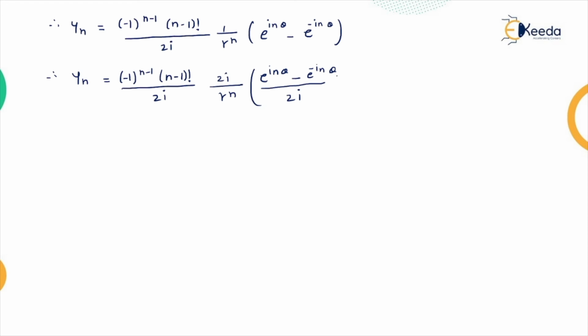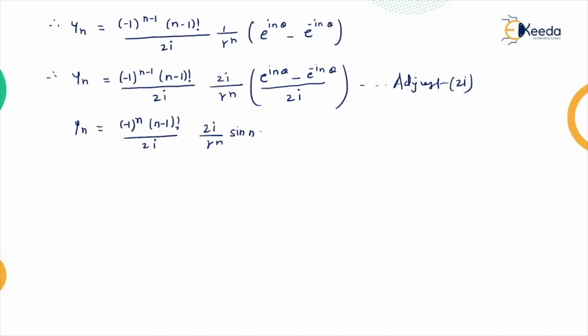There is a little bit of adjustment. So therefore yn becomes (-1)^n into (n-1) factorial divided by 2i upon r^n as it is, and this is the definition of sine of n theta.